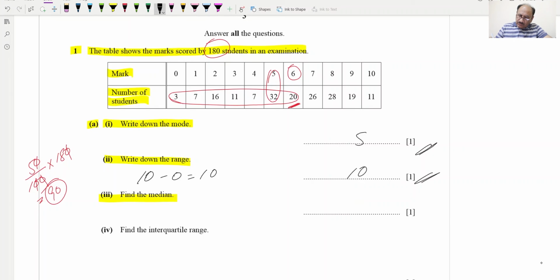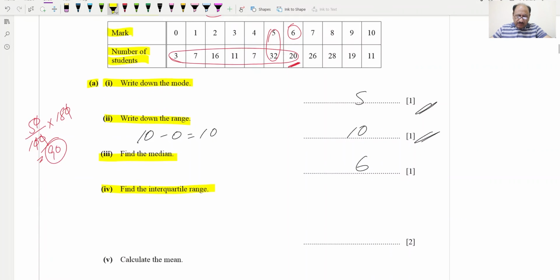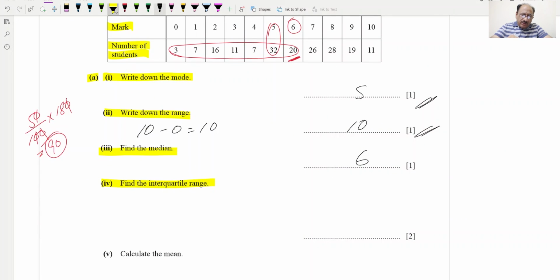Next is find the interquartile range, and the interquartile range is upper quartile minus lower quartile. The lower quartile is the 25th percentile of 180, and the upper quartile is the 75th percentile of 180.